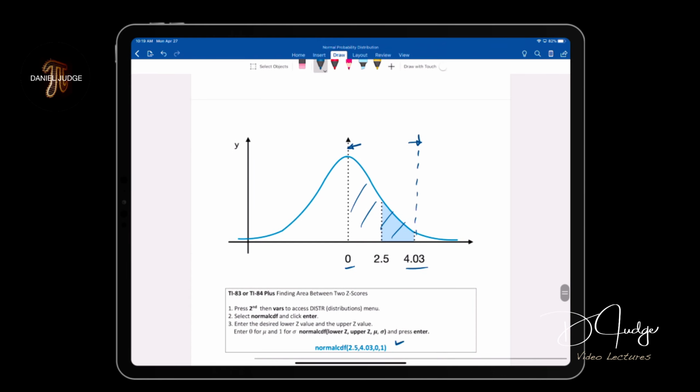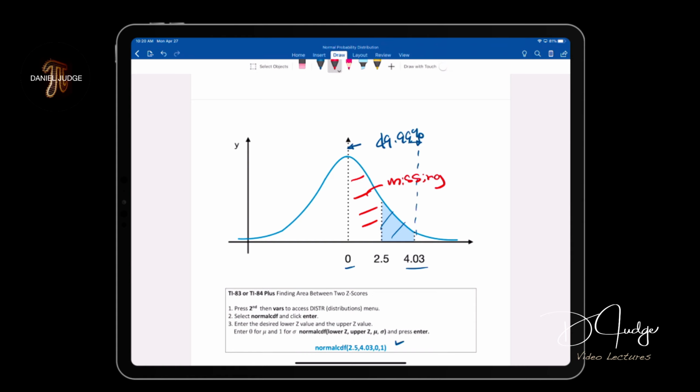There we are. Now you said that's from 0 to 4.03. We have a portion that again is missing. I just erased what's missing.